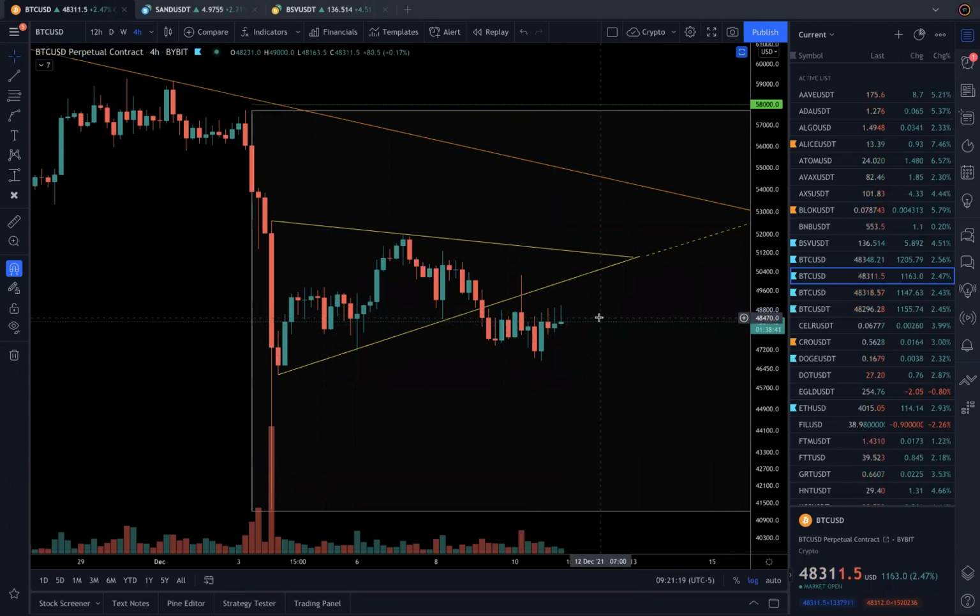So the 4 hours tells you that for the next few hours, not for a few days or 1 day, 2 days, at least for 4 hours or the next 2-3 candles, what can you expect? When you go lower, the visibility is also lower. Remember this.